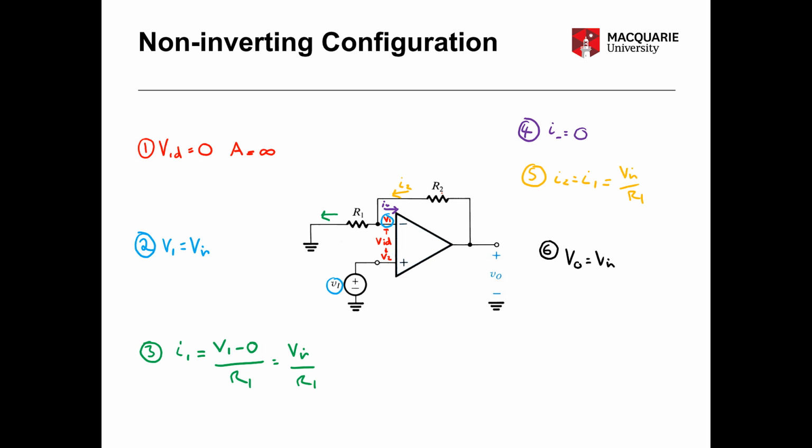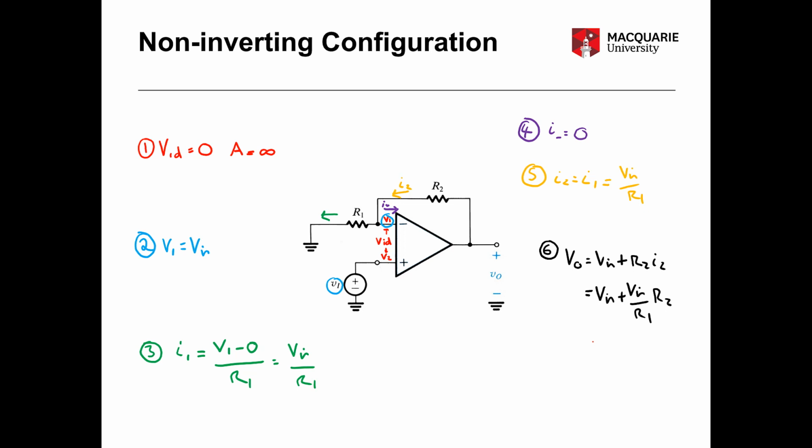So that will be Vin plus R2 I2. We can rewrite that as Vin plus Vin over R1 times R2. That's just substituting in what we earlier calculated for I2 in step 5.